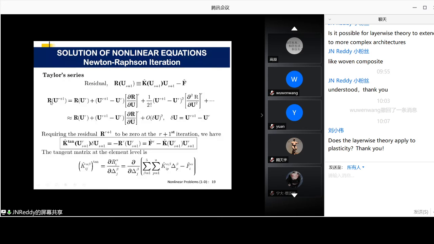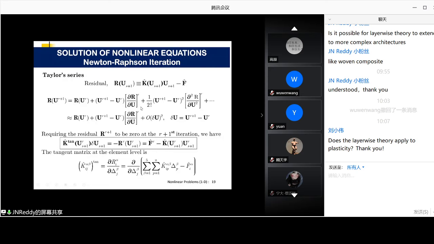So the solution at R plus 1, which is unknown, will be expanded in terms of UR. So the Taylor series says UR plus 1 minus UR, then the differentiation of this residual function with respect to U, evaluated at the previous iteration, and so on. So this goes to infinity, but we truncate right here because after this, the terms are getting squared, meaning nonlinear. So we stop. So this is what we call linearization.